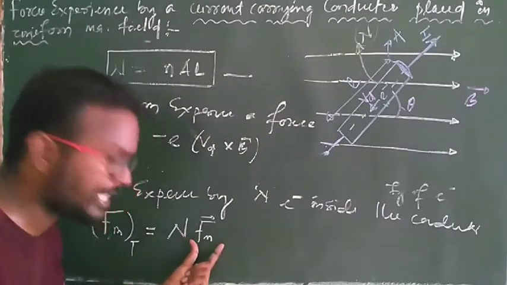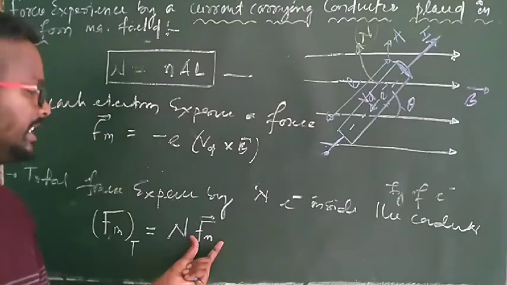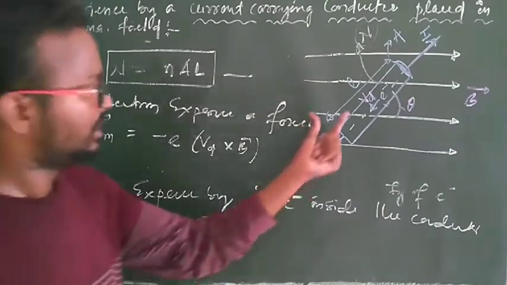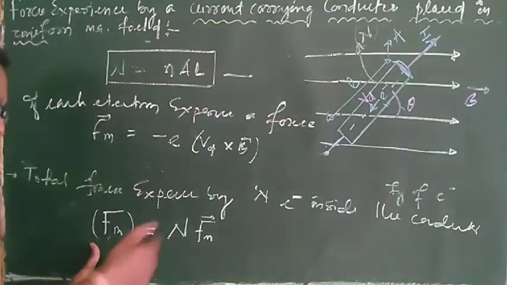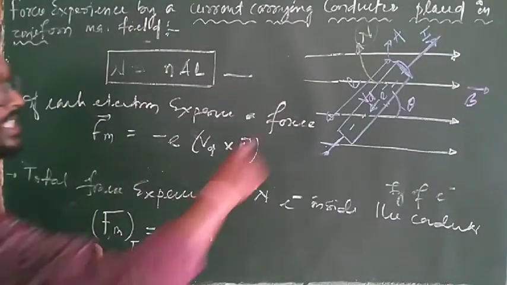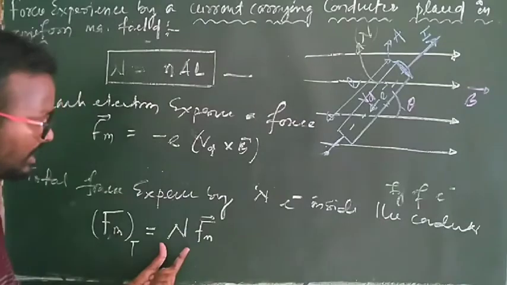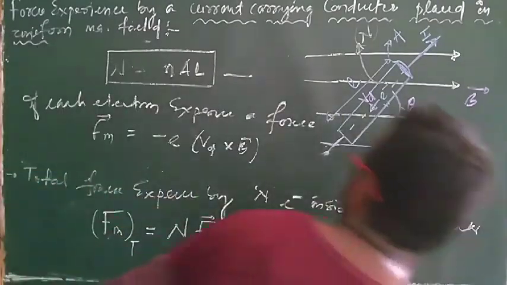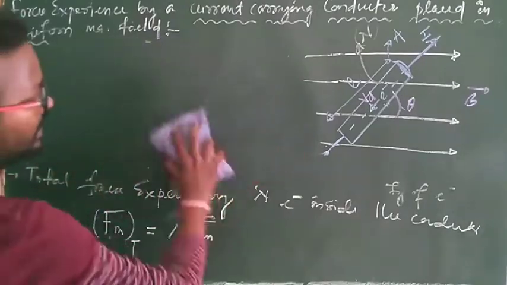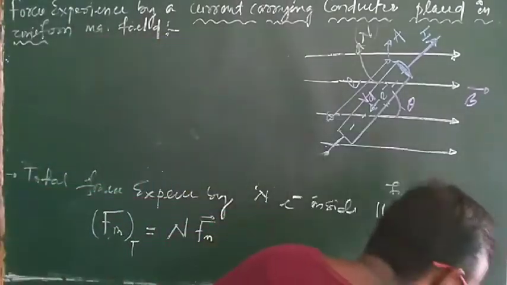Fm is the magnetic force experienced by a single electron. So if the conductor consists of N electrons, the total force experienced by all the electrons, or by this conductor, is equal to capital N into Fm. Clear? If we use the value here, then the relation can be written.